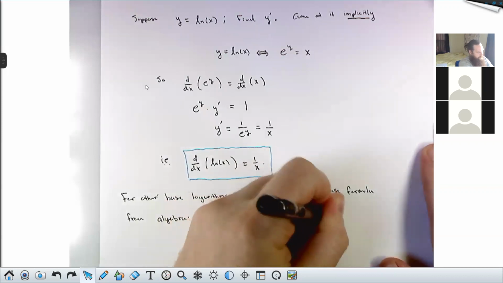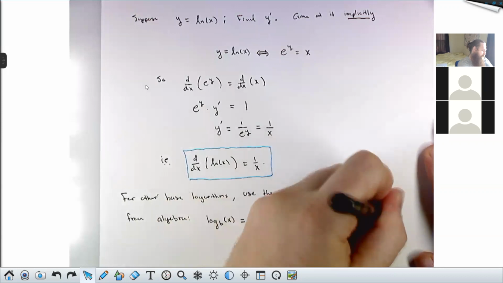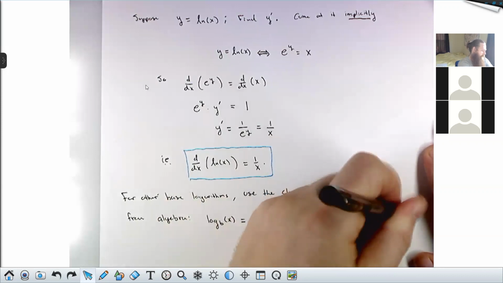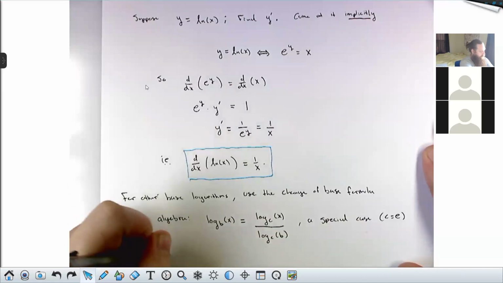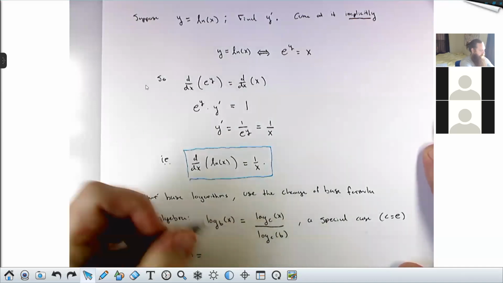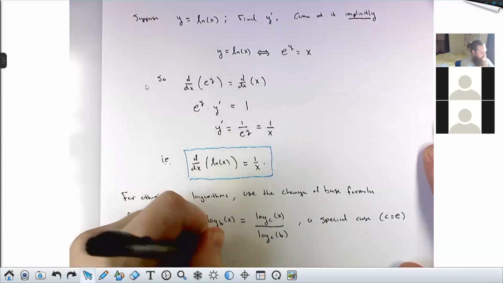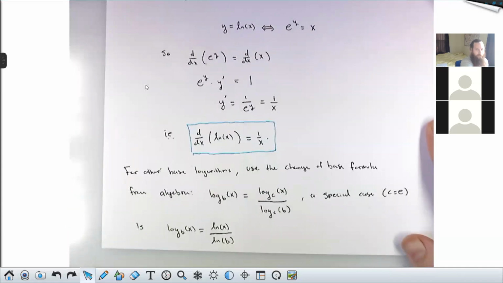A special case of which, where you set c equal to the number e, is log base b of x is equal to the log base e of x, or ln of x, over the ln of that old base b.